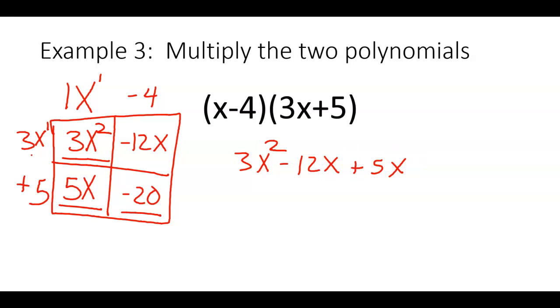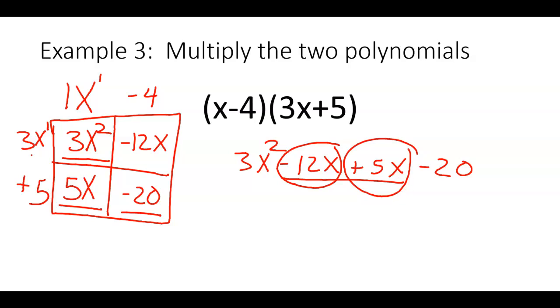I also have 5x, and I have -20. Do you guys see any like terms? Yeah, there are like terms. Now, what are they? So this is a review from yesterday. Like terms are two monomials that have the same variable with the same power, right? Now, are we multiplying these? No, those are being added, right?